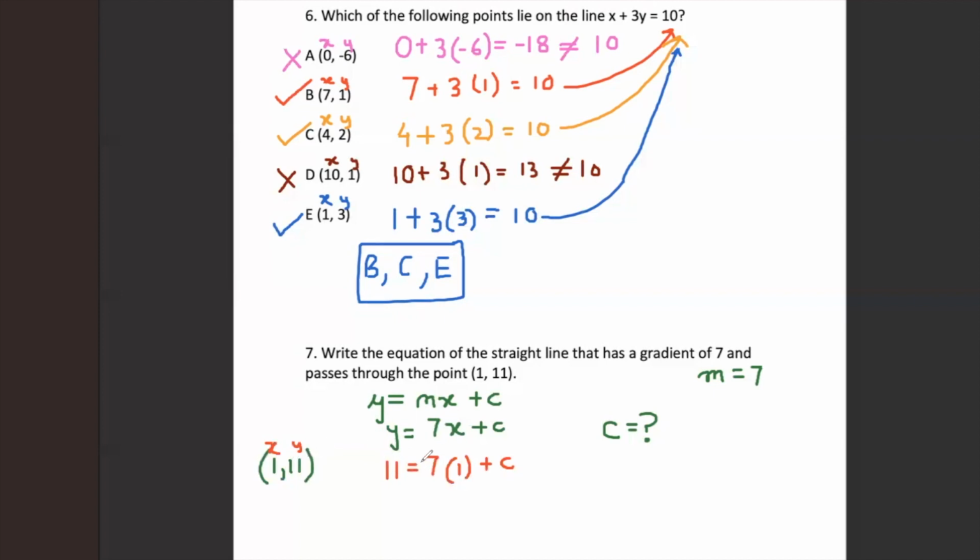So 11 equals 7 times 1 plus c. So this gives us 11 equals 7 plus c. So c should be equal to 11 minus 7, which is a 4. So we know our c is a 4. So our equation should be y equals 7x plus 4.